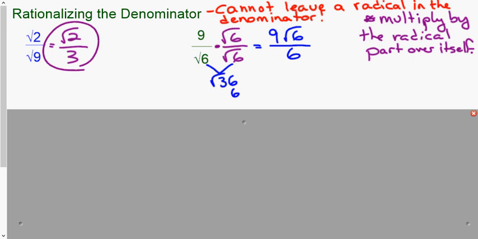You may want to make yourself a note here that any time you multiply a radical times itself, so root a times root a is just a. Root 6 times root 6, 6. Root 7 times root 7 is 7. Root 3g times root 3g, 3g.